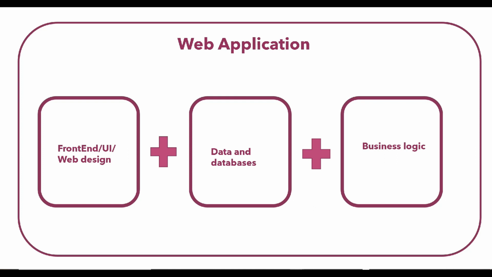Now you see one more thing. In the web application, there could be separate front end developers for the front end component. Then for managing your databases and data, you can have a separate team. And also, you can have backend developers to write your business logic. So these three teams need to work for the same web application, but their goals are different.